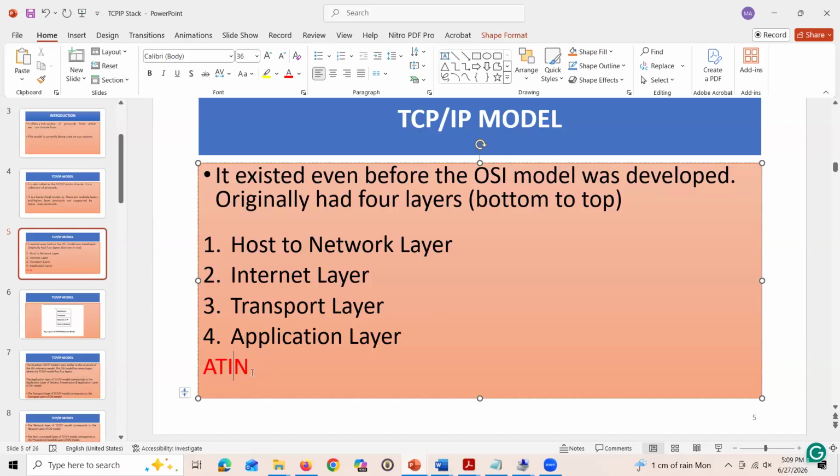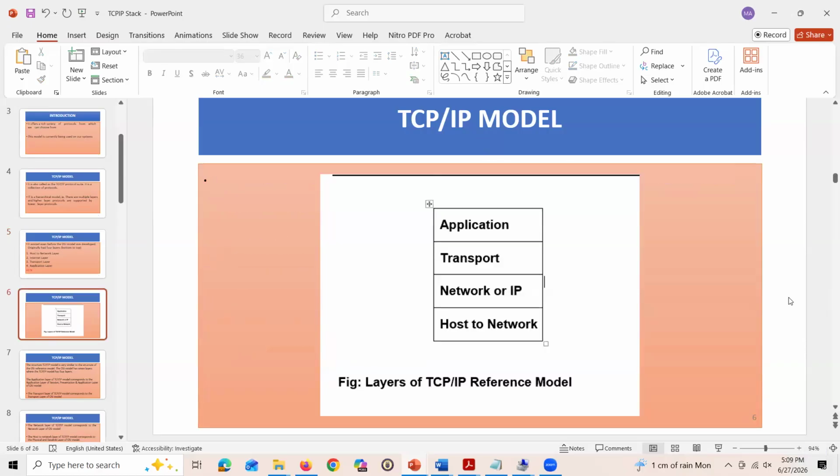So that is the simplest way you can remember these layers. Are we fine? Yes, sir. Good.